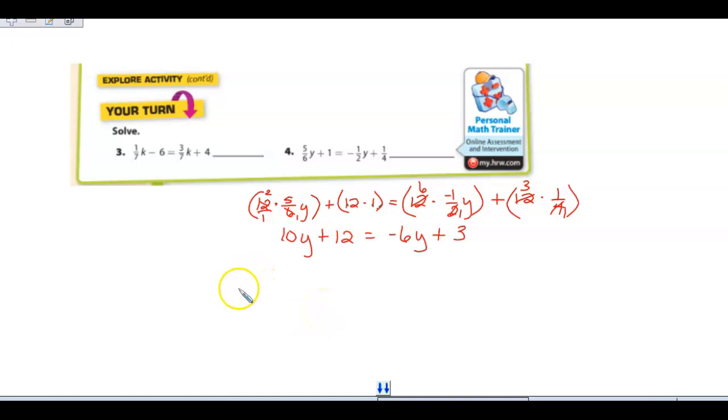Now I need to decide which side I want my variable on. If I subtract 10y from both sides, I would get a negative y. If I add 6y to both, I'd get a positive, so I'm going to add 6y to each. And that gives me 16y plus 12 equals 3.